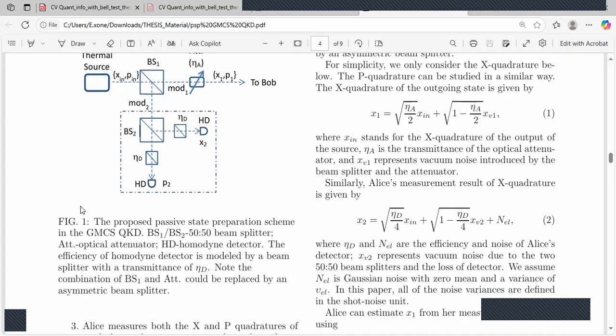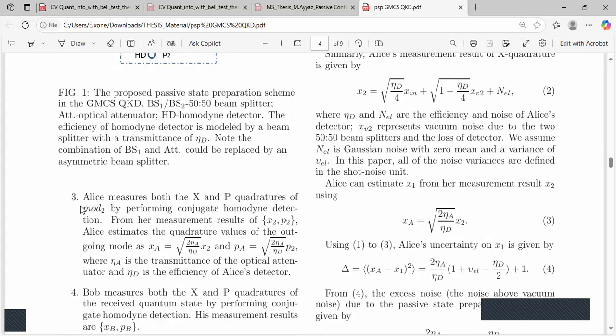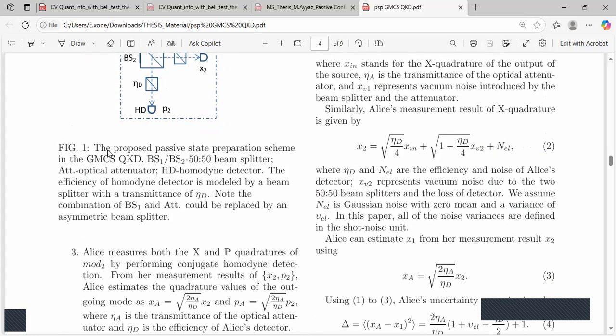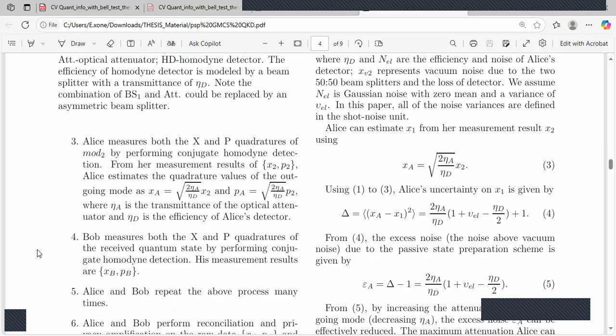So the first task of Alice and Bob will be to approximate their estimation and the error in estimation. So Alice first is going to approximate the outgoing mode by applying a local homodyne or conjugate homodyne detection, detecting the quadrature of mode 2, and the values are x2 and p2.